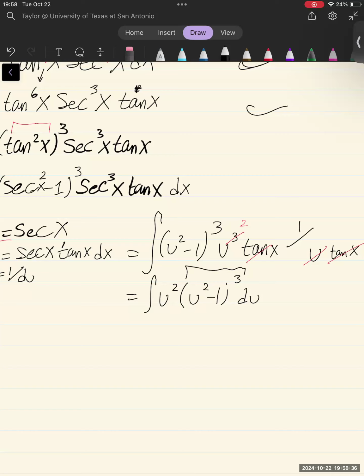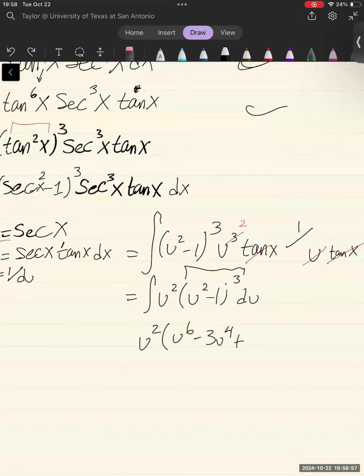When you FOIL this out, you're going to get u to the 6th minus 3u to the 4th plus 3u squared minus 1.